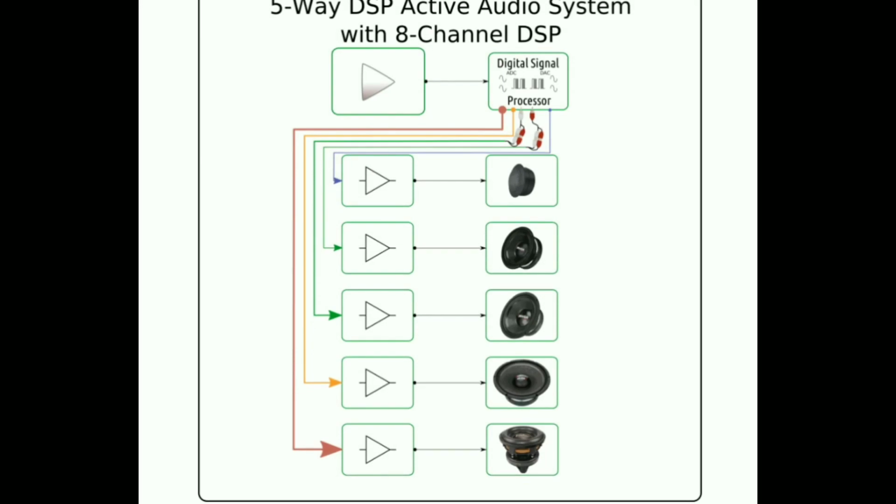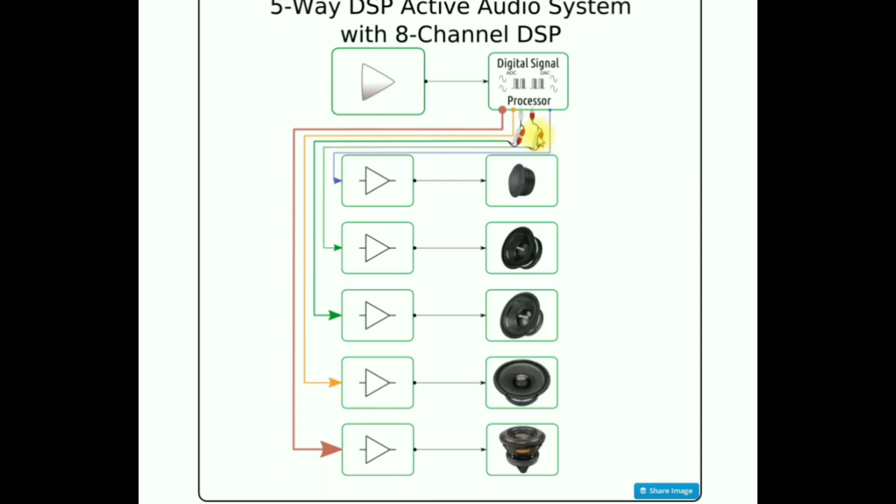And for Ramondo's system, I made a simplified signal path view that has the actual output configuration that he will need to use, because what he really has is a 5-way active system.